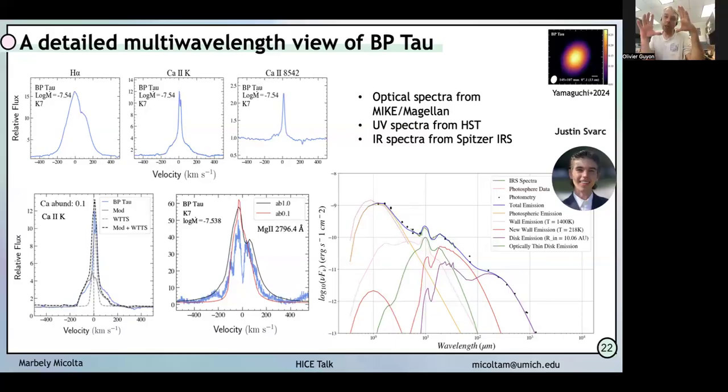What is the physical size of the emission region? It's sort of a tenth of an AU, or? No, it's all inside 0.1 AU. The accretion flows are typically between 3 and 5 stellar radii. Okay.